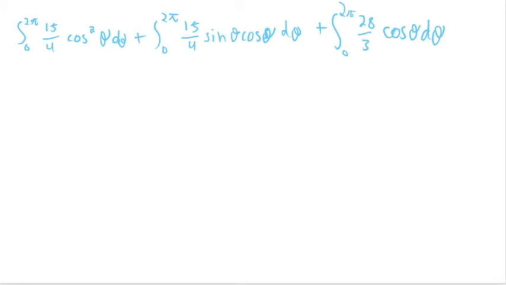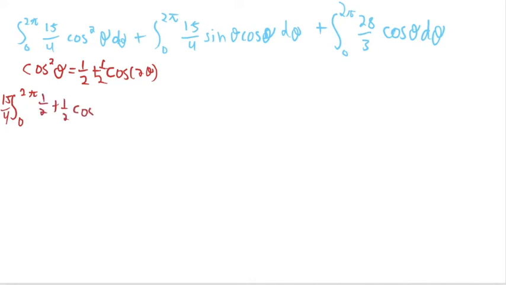For the first integral, to solve it out, we're going to have to use a trig identity. The trig identity that cosine squared theta equals 1/2 plus 1/2 cosine 2 theta. So using this identity, we're going to get the new integral 0 to 2 pi of 15 over 4 times 1/2 plus 1/2 cosine 2 theta d theta.